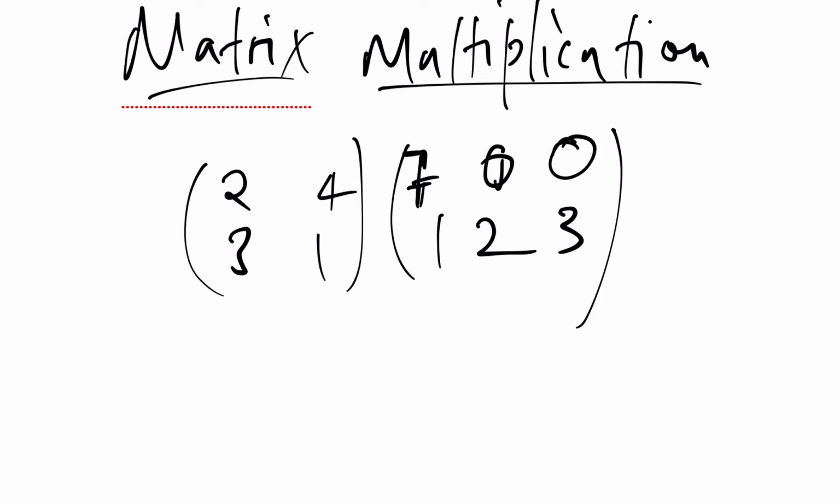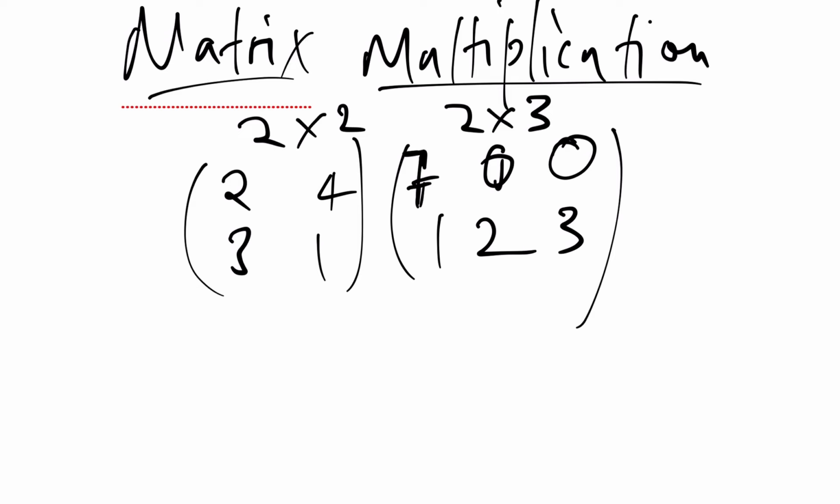Before trying to multiply the matrices, we have to first check the order of the matrices. This first matrix here is a 2 by 2 matrix, meaning we have 2 rows and 2 columns, and this following matrix is a 2 by 3 matrix. We have 2 rows and 3 columns.